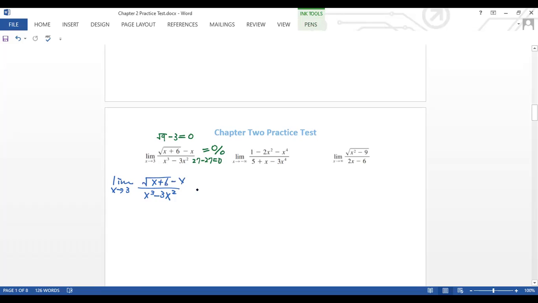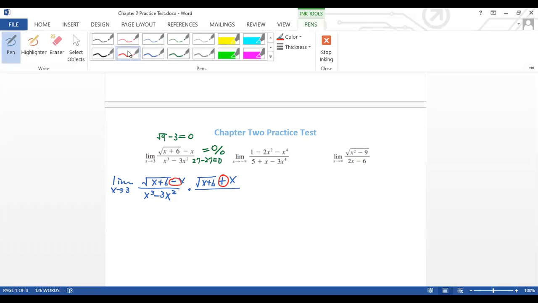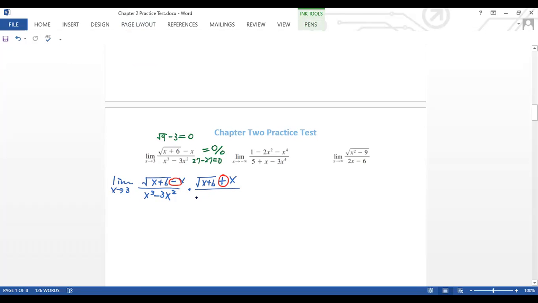So let's multiply by the conjugate. Remember what the conjugate is? The conjugate is the square root of x plus 6 plus x. The conjugate has the opposite sign. You cannot just multiply something on top, so I need to multiply exactly the same thing on the bottom.